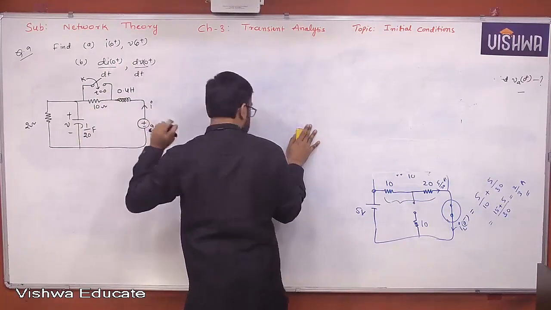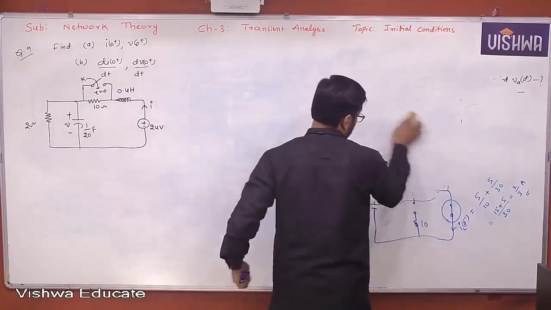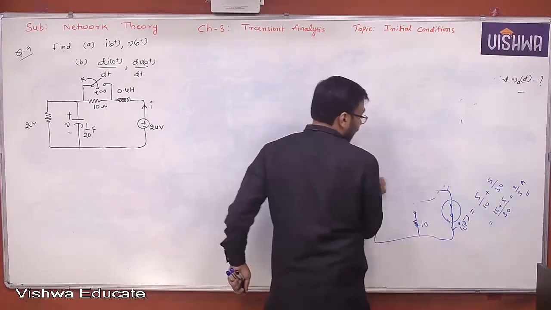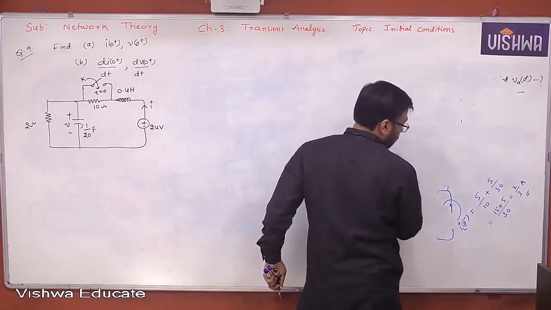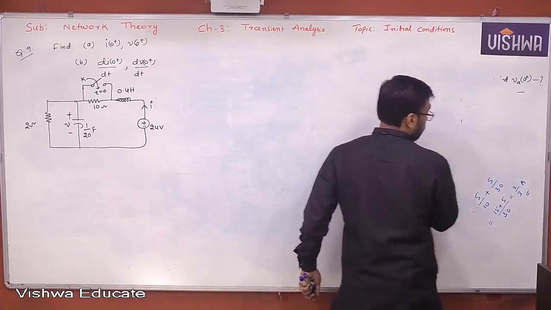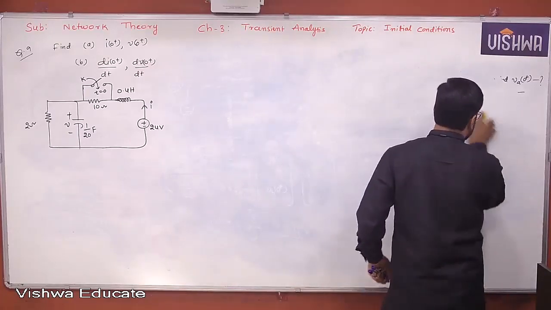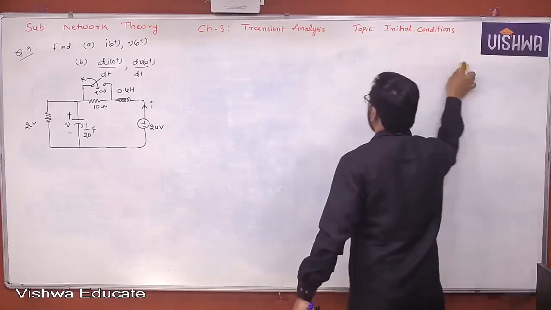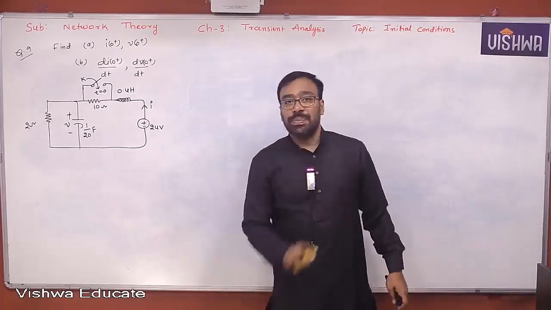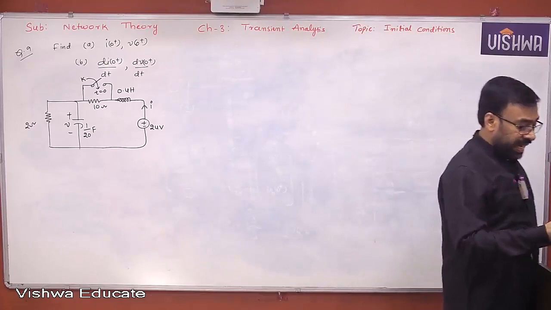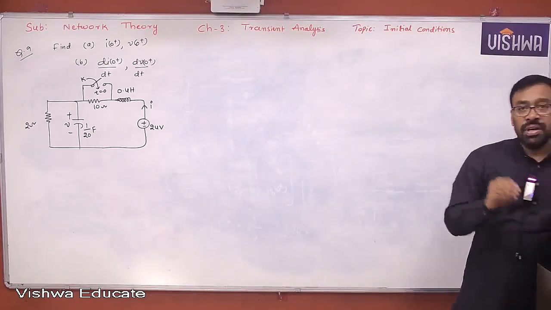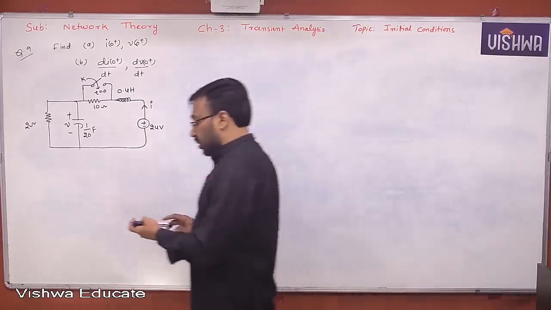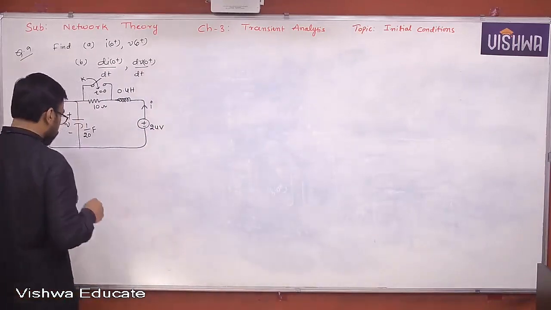V is the voltage across capacitor. This observation is very important. Whether that I is current through inductor or other than current through inductor, whether that V is voltage across capacitor or other than voltage across capacitor, if you are able to catch that point at first glance itself, I'm sure that you can get the solution easily using our step-by-step approach.